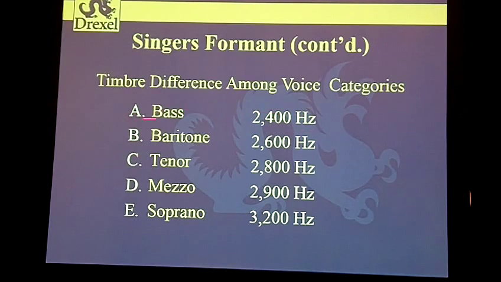Interestingly, the singer's formant occurs in slightly different frequencies for different voices, but it's more or less in the 3,000 hertz range. Where is 3,000 hertz? If you take Pavarotti's voice and notch filter a couple hundred hertz around 3,000, his voice will disappear into the crowd and you won't hear him over the orchestra.